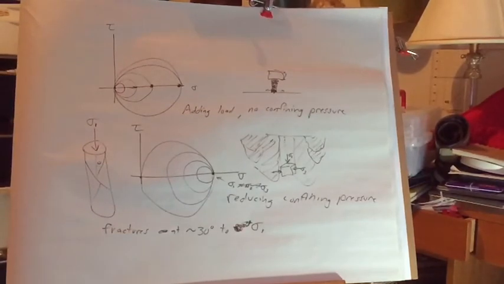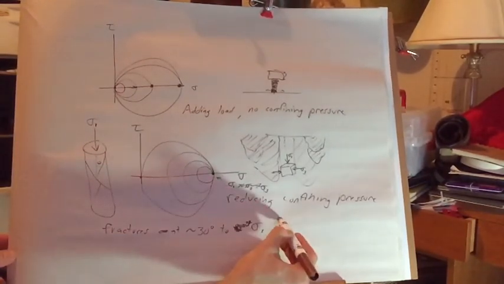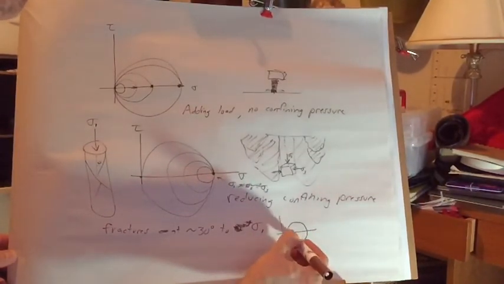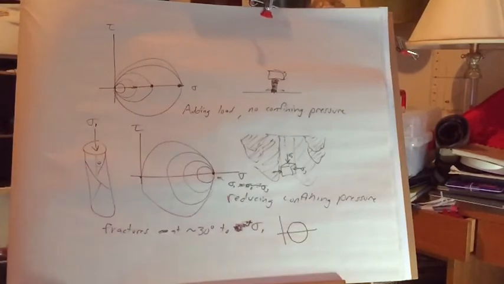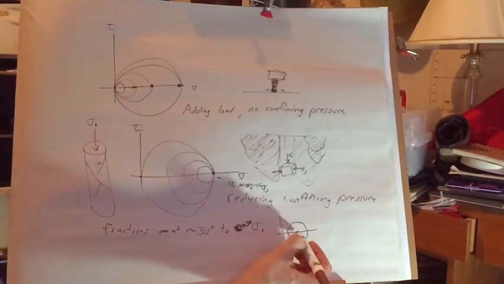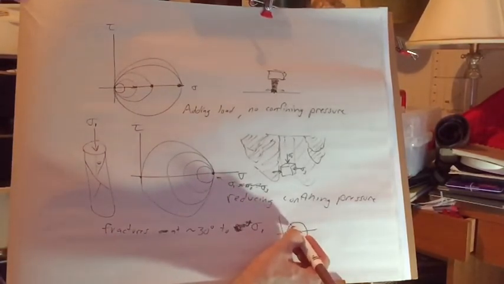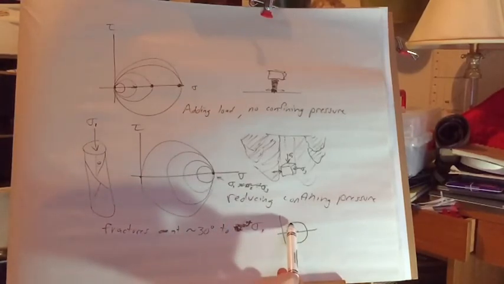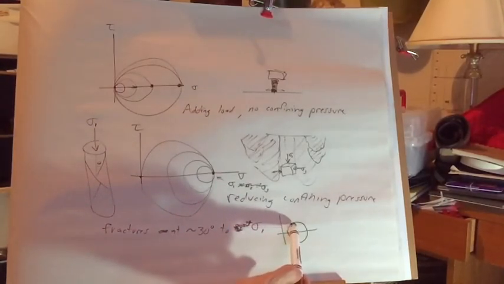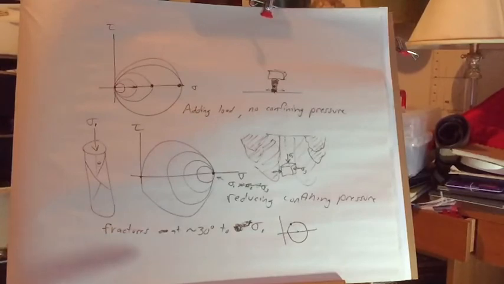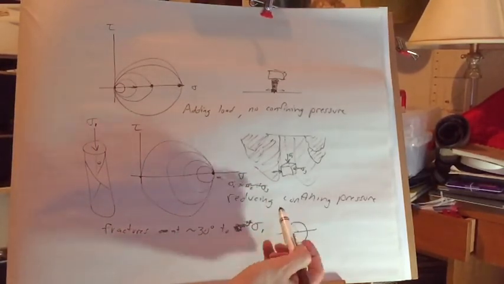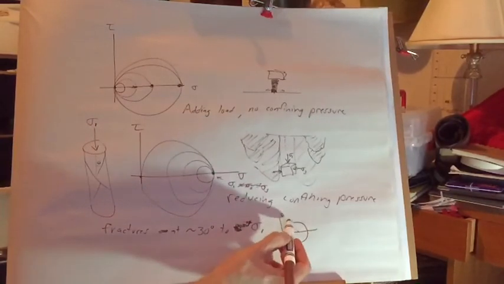And where that plots on the Moore circle, if that's our Moore circle there, theta 30, 2 theta about 60. So those fractures tend to occur at a point on that part of the Moore circle, at a point where the shear stress tau is fairly large.